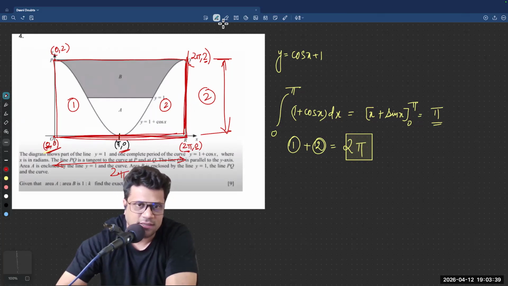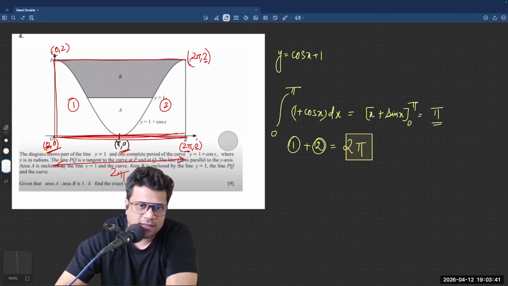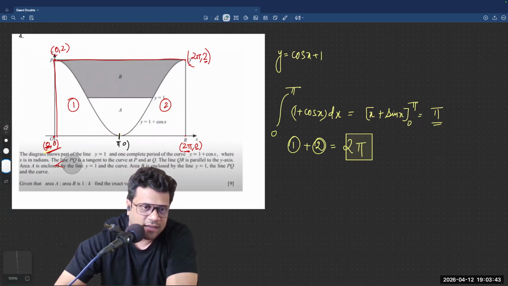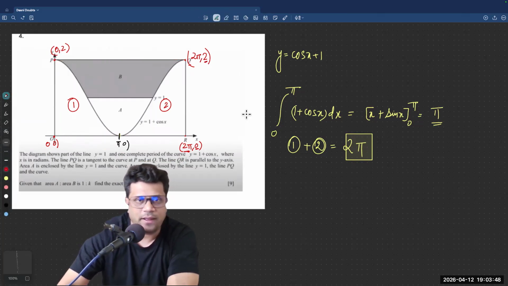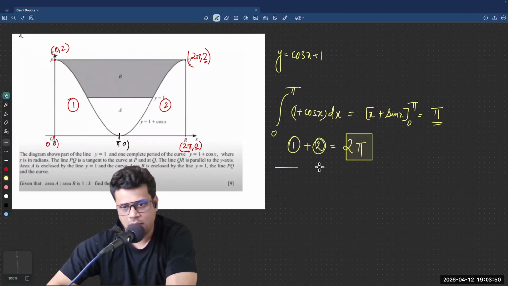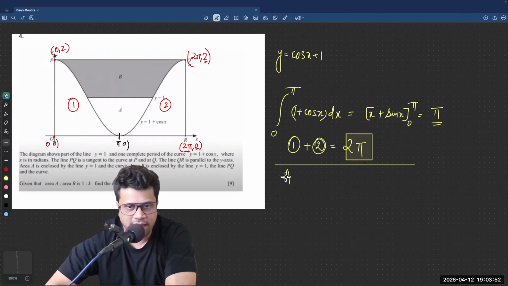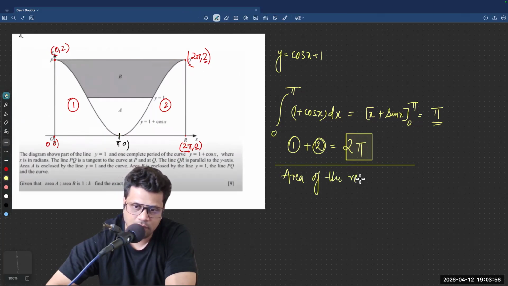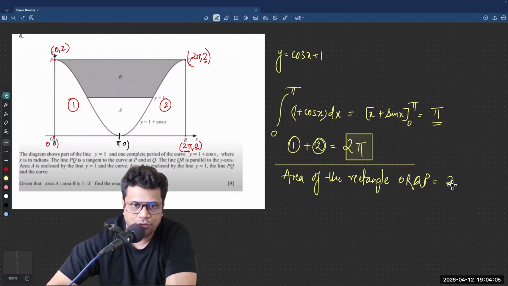So this whole length is 2 pi. So I know that the area of this rectangle, ORQP, is supposed to be 2 into 2 pi. It's 4 pi.